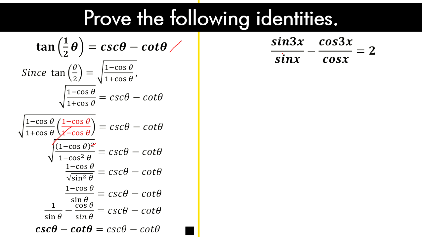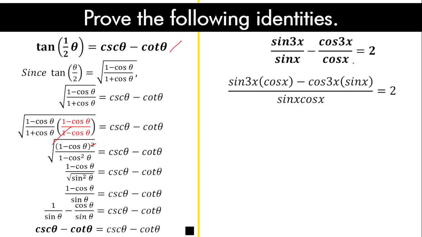In finding the LCD, we have the sine x and the cosine x, so we have sine x cosine x. Divided by sine x, that's cosine x times the sine 3x, so sine 3x cosine x, minus, divided by cosine x, that is sine x times the cosine 3x, so cosine 3x sine x.